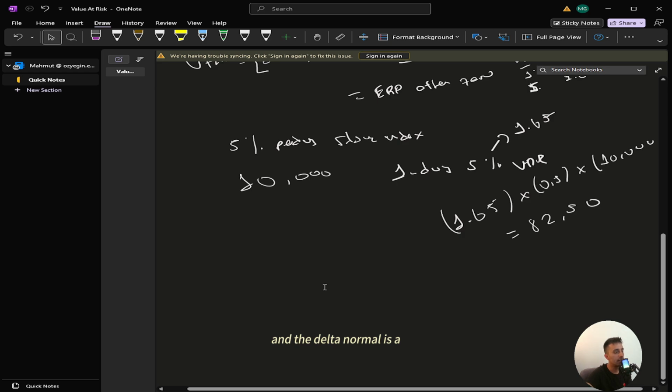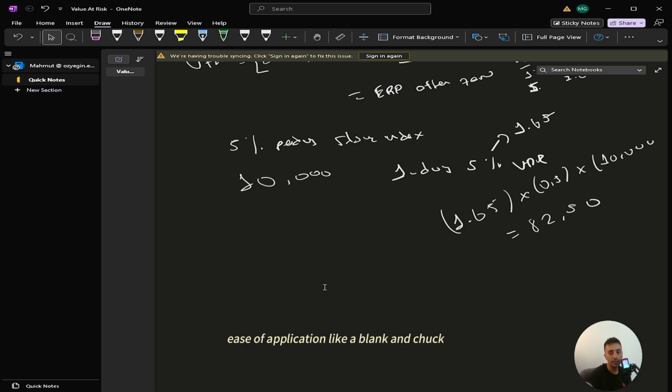And the delta normal has ease of application, like a plank and chalk. Plank and chalk means easy, and this is our advantage, guys.